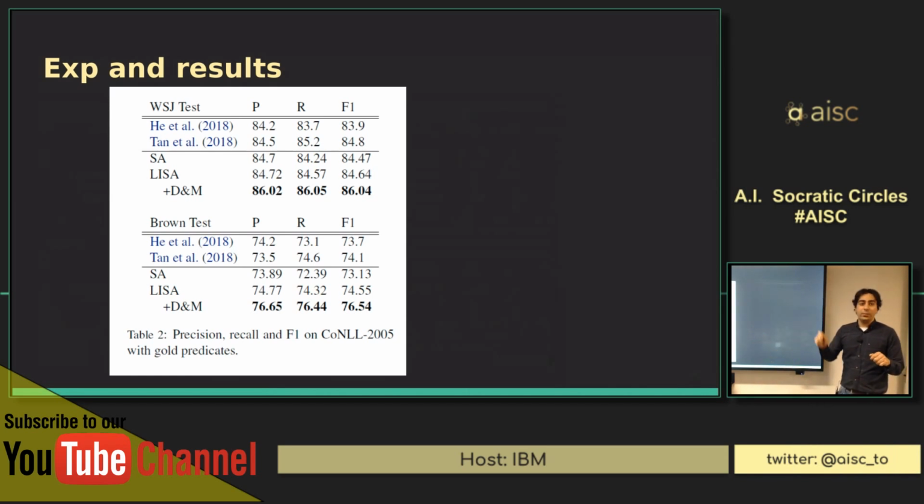It decided what the predicates are, what the governing predicates are, what the part of speech tags are, and what the syntactic parses are. Now, if you feed in the gold predicates, which you can do with this architecture, this is what happens. On the WSJ test set, if you add gold predicates, you can see that their system informed by the syntactic parses, which are not gold but DNM parses, will beat state of the art.